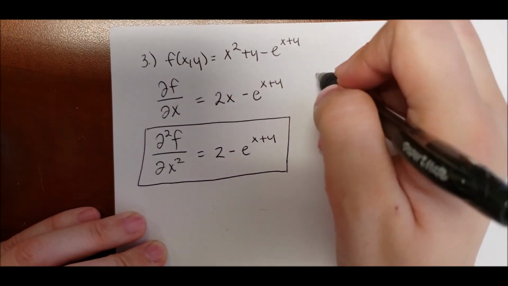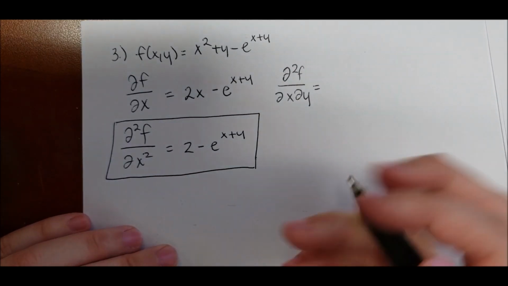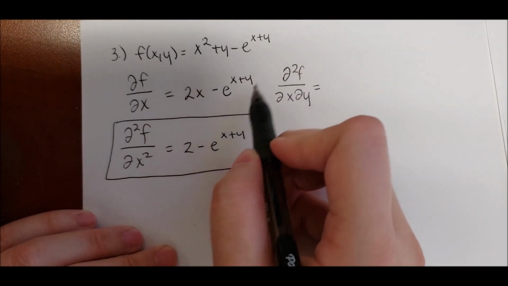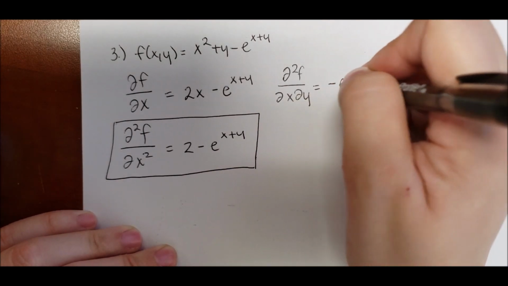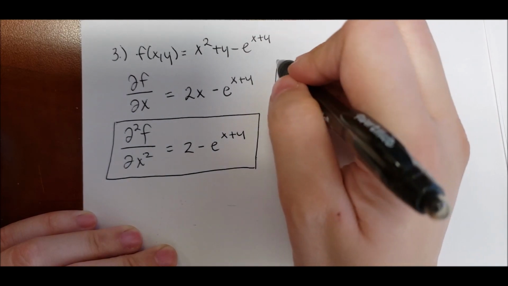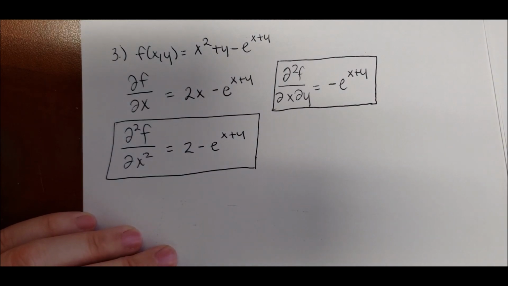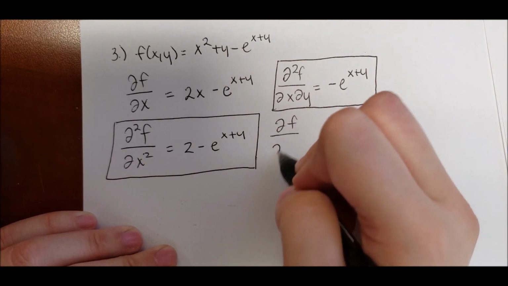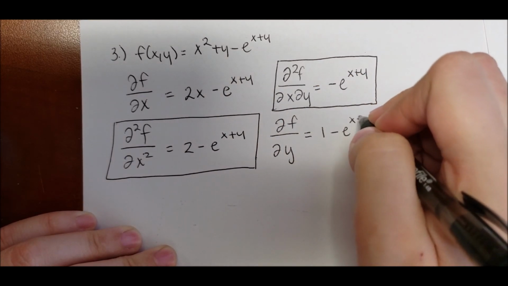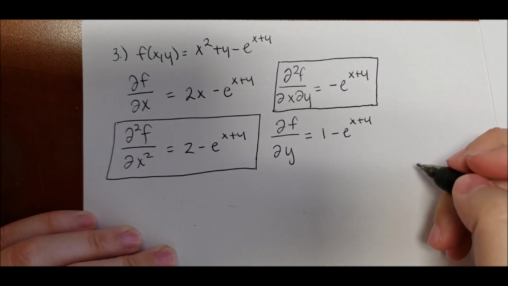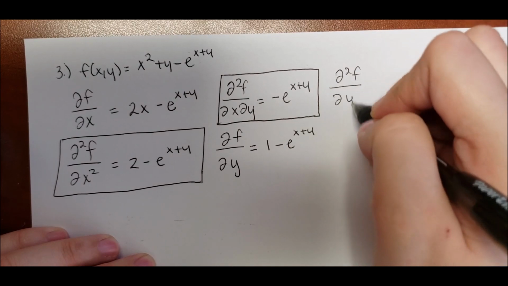And while we have this one, I'll just go ahead and take the mixed partial. So now I'm looking at this and taking the derivative of this with respect to y. And then we'll do the y partial in the second order.